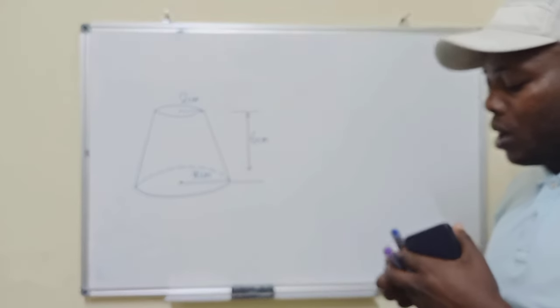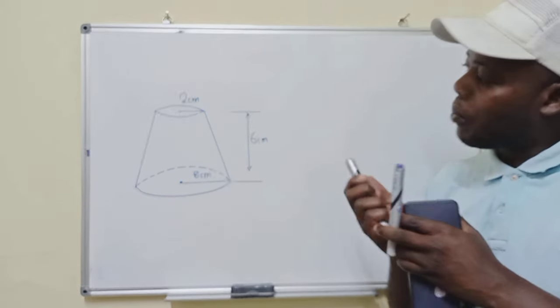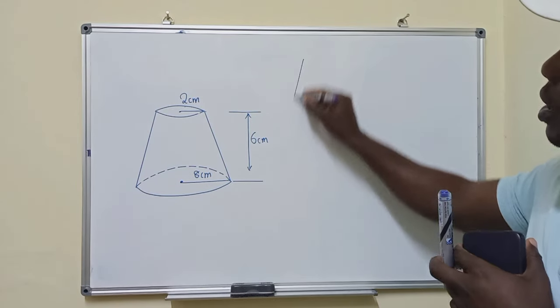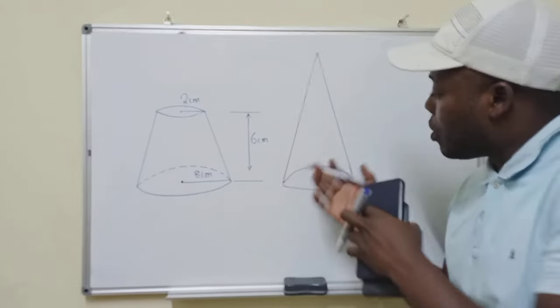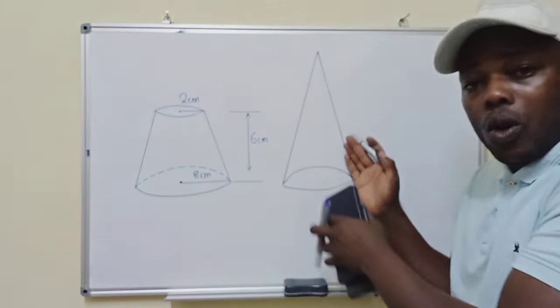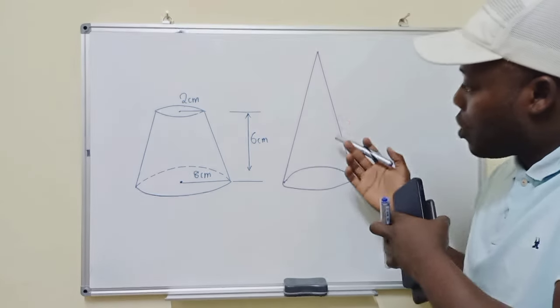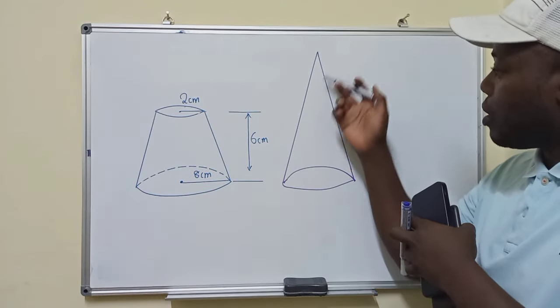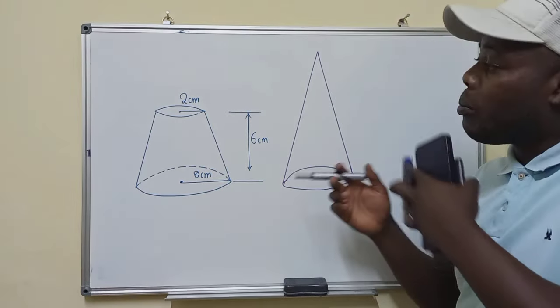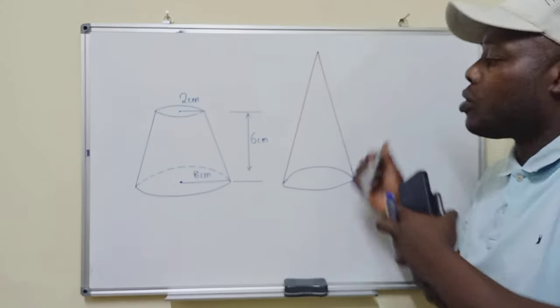Now let's try to put up the cone the way it was. So look at this. This is a cone, right? We're just assuming that this cone, before it was cut, was looking like this. Before somebody did anything to it, it was looking like this.